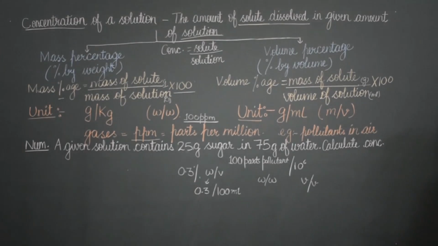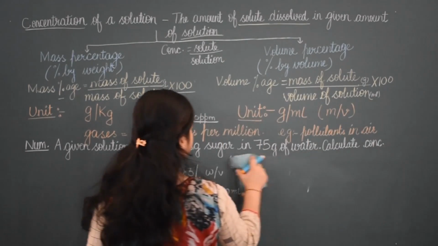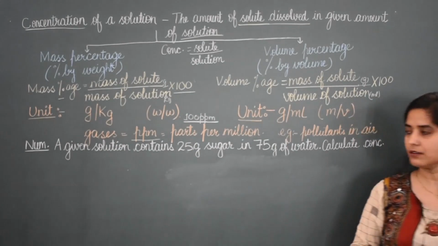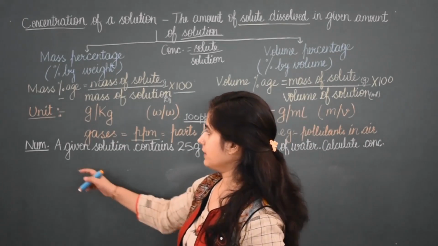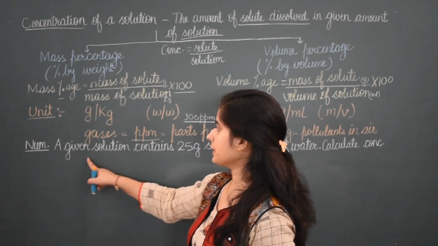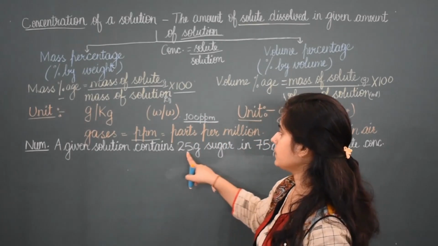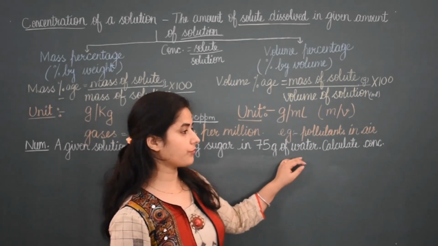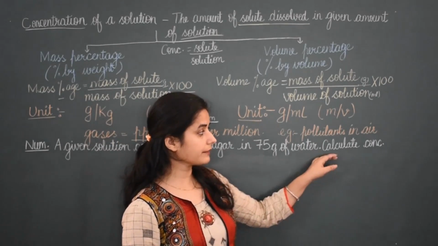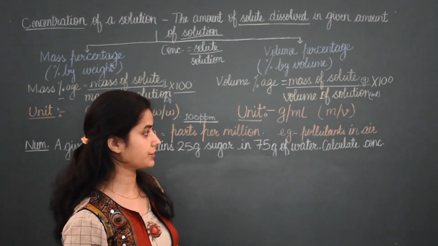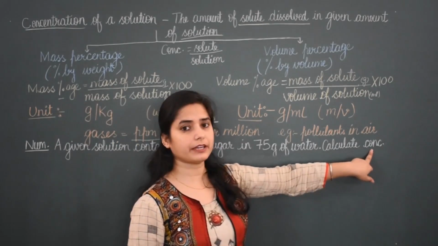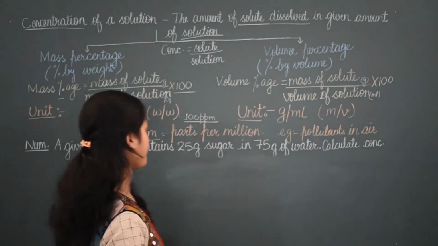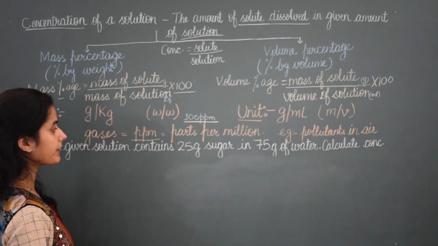Next, now we will solve this numerical to find the concentration of the solution. A given solution contains 25 gram sugar in 75 gram of water. Calculate the concentration of the solution. For concentration, we can write in short form as conc. First of all, what do we have to find?